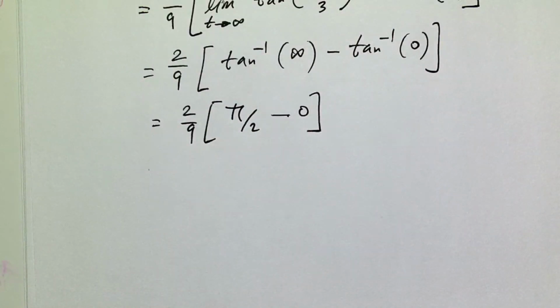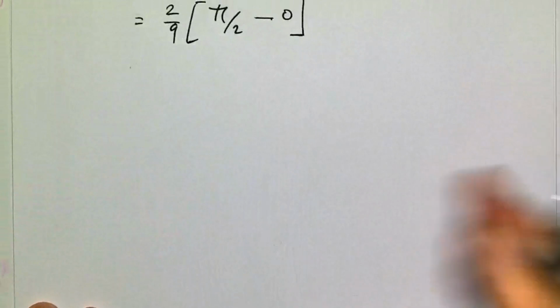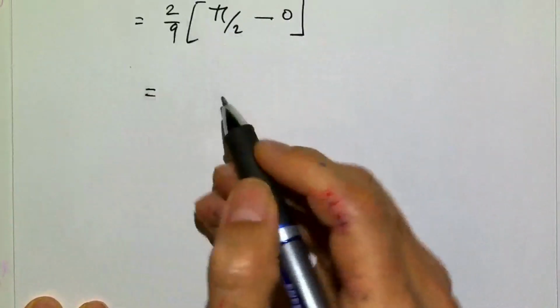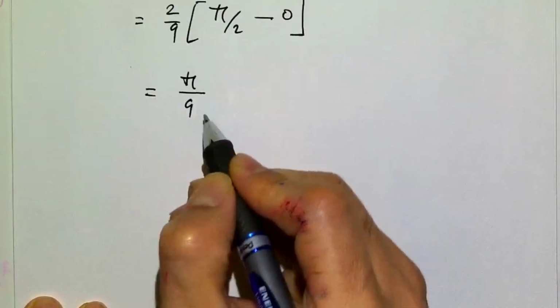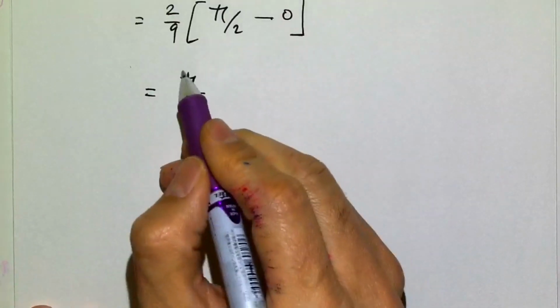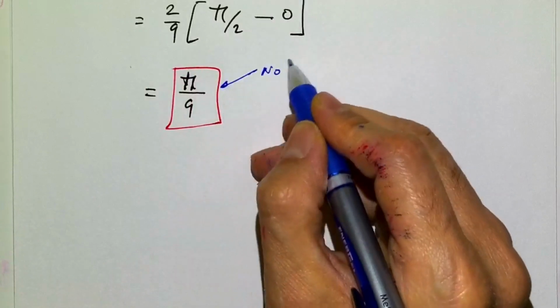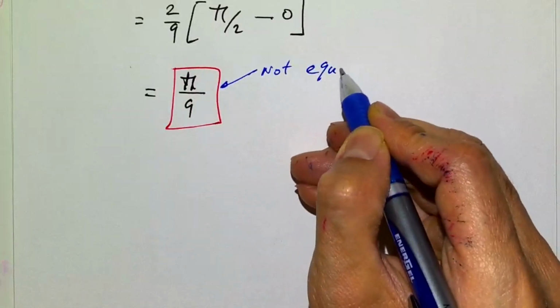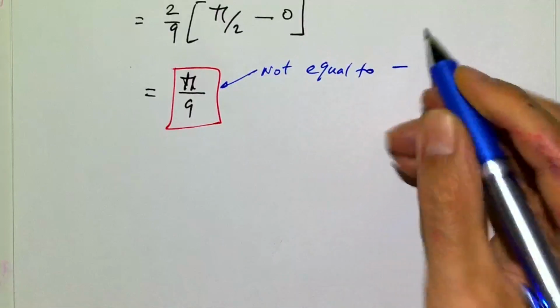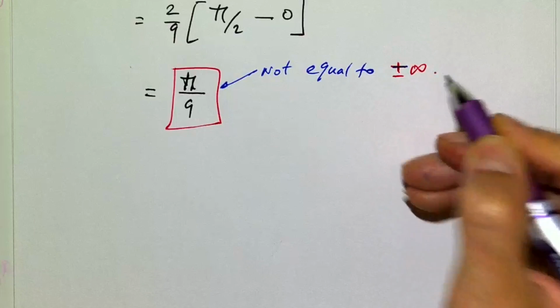Okay, so then after that we can simplify, and 2 and 2 cancel, we get pi over 9. So definitely this quantity is not equal to plus or minus infinity.